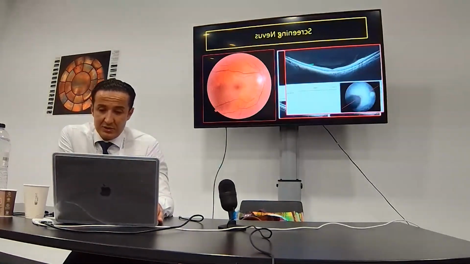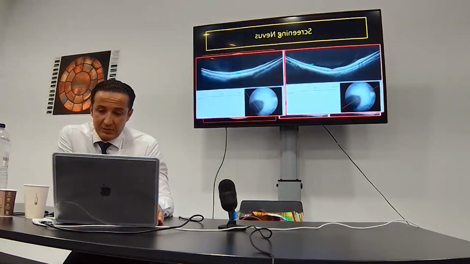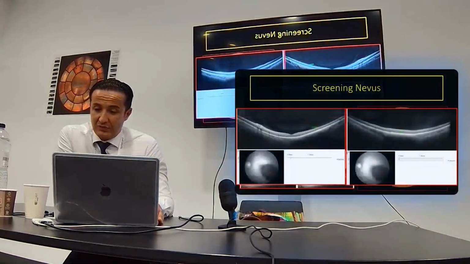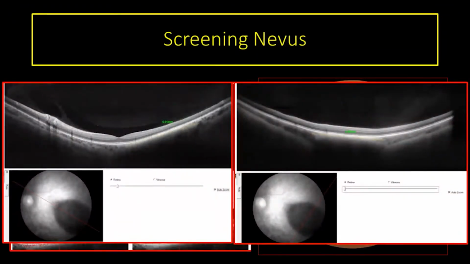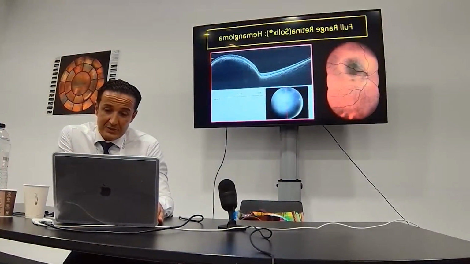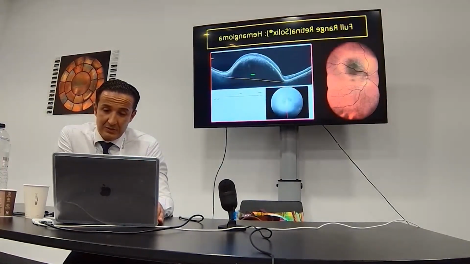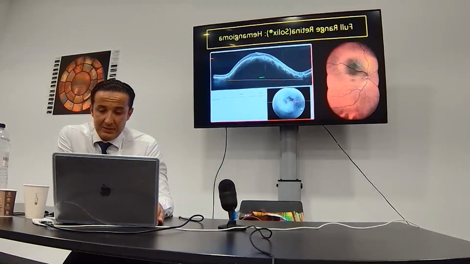In this case, the lesion is pretty flat, and you can make a measure of the surface directly on the B-scan. Hemangioma with a very full range retinal, it's really easy with a large scan to make some scan of this lesion. Look here, in this case with a full range retinal.